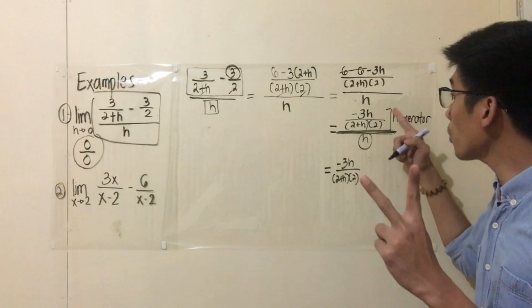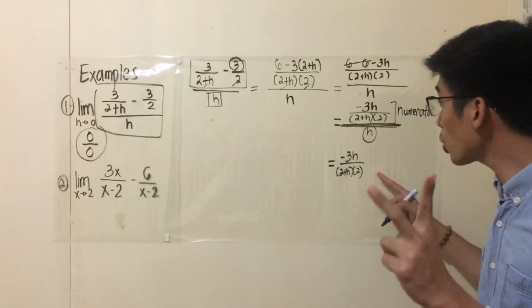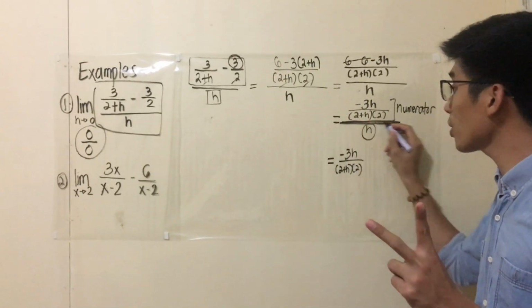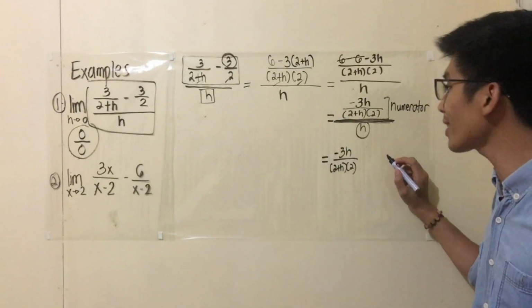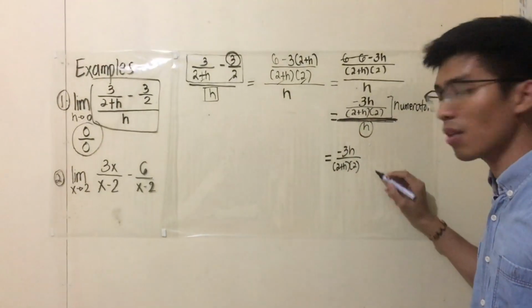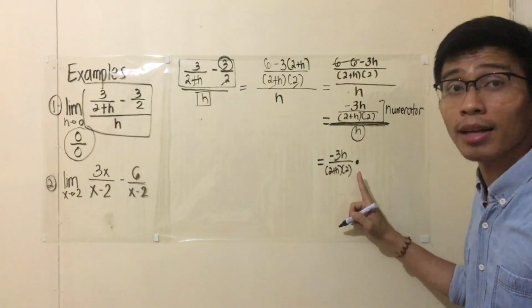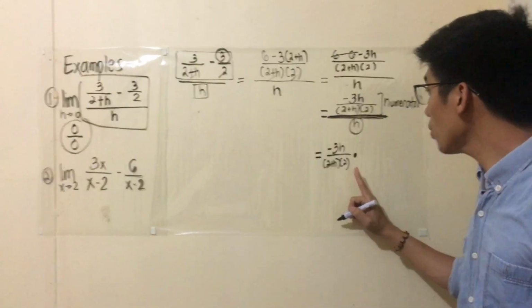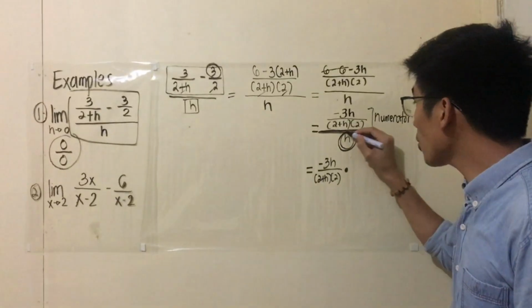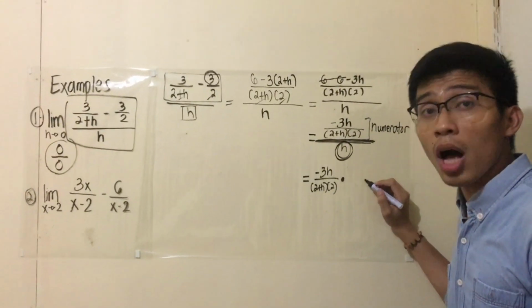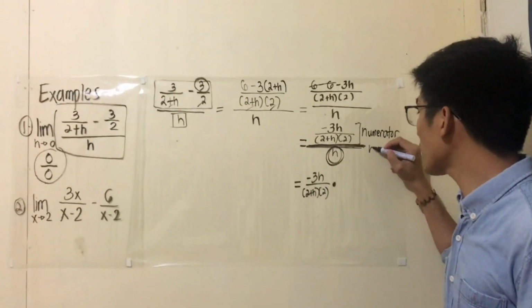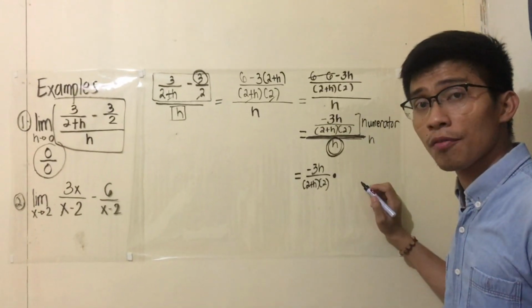Again, step 1, you copy your numerator. Step 2 is to change the division sign into a multiplication sign. So we are going to change this division into a multiplication sign represented by a dot. Third rule is you get the reciprocal of your denominator. Your denominator is h. What is the reciprocal of your h?